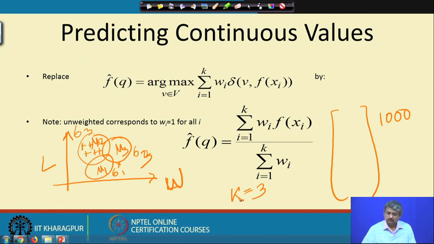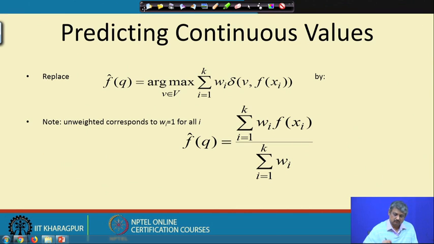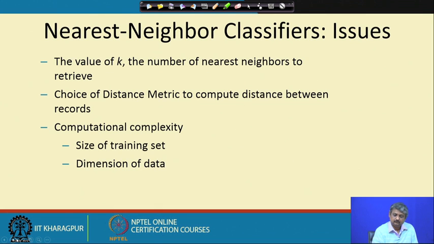If you are trying to write this program and actually do it, you will face the following issues. You have to choose a value of k: 2, 3, 5, 7, what value?